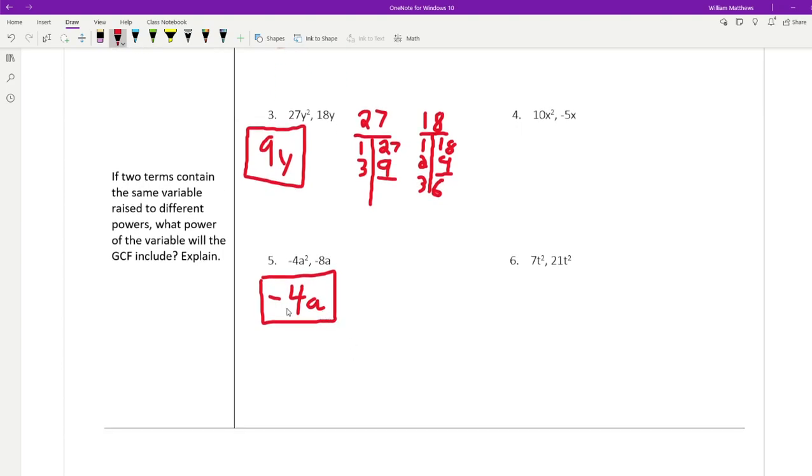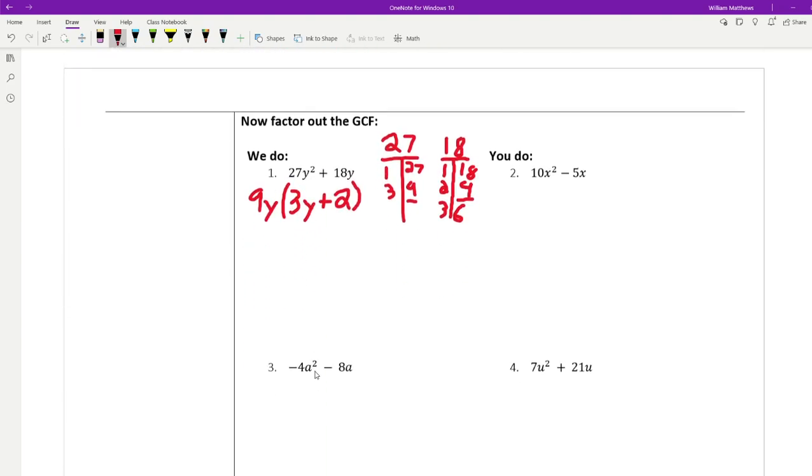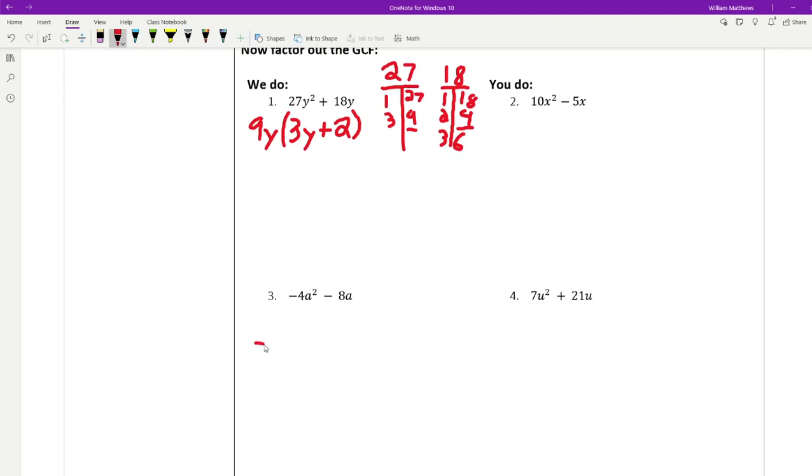We know that we can pull out a negative 4a. If I divide the first term by negative 4a, that would leave me with a positive a. And for my second term, if I divided it by the negative 4a, this would leave me with a positive 2.